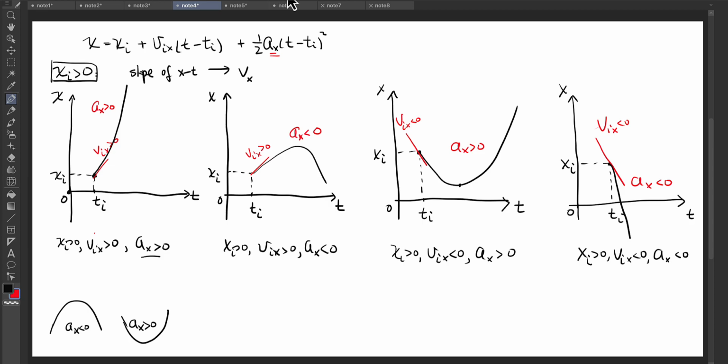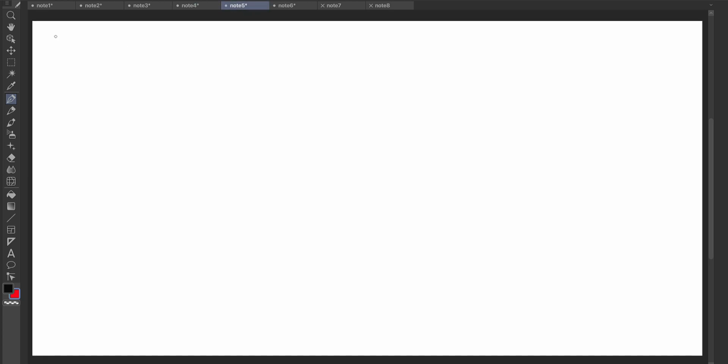Also, let me just mention this briefly. In some other notation, meaning in some textbooks, they actually set ti equals 0 seconds. Xi equals 0 meters.